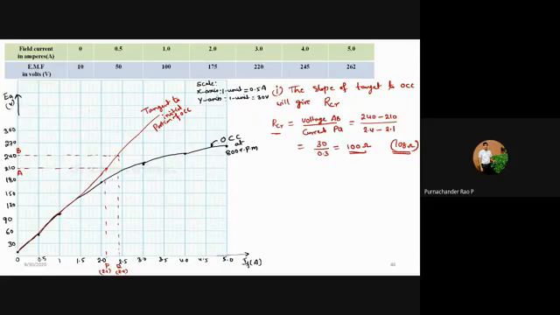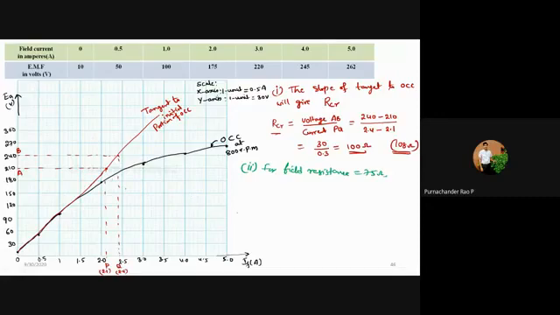Then for the RF line, here I will consider the second part. For the field resistance equal to 75 ohms, we need to find the critical speed.